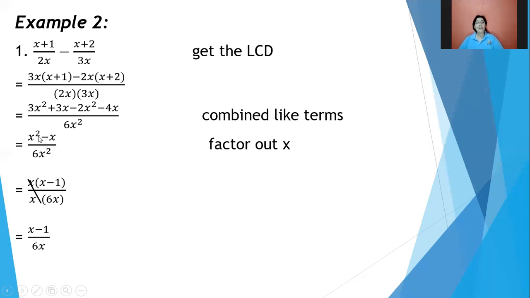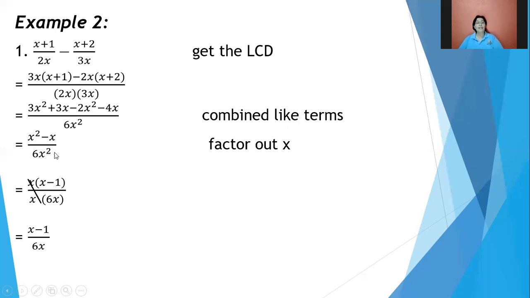Since they have a common factor, factor out x. We have x squared divided by x is equal to x, minus x divided by x is equal to 1.